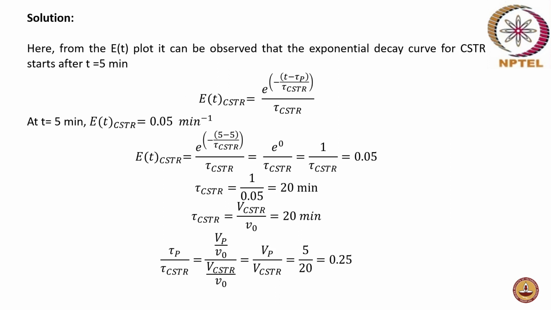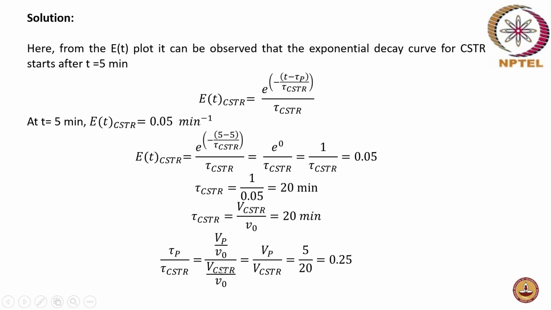That is volume of the pipe divided by volumetric flow rate divided by volume of the CSTR divided by volumetric flow rate. Here the volumetric flow rate is the same because it is entering through the inlet pipe and then to the CSTR. That means with the same volumetric flow rate only, it is passing through the pipe and then to the CSTR. It is just an inlet pipe to the CSTR.